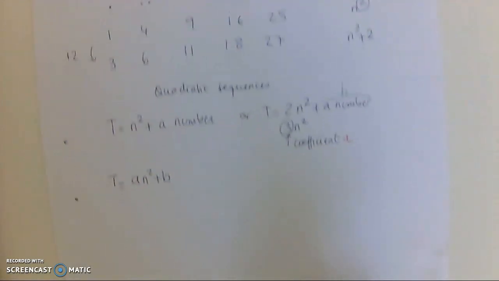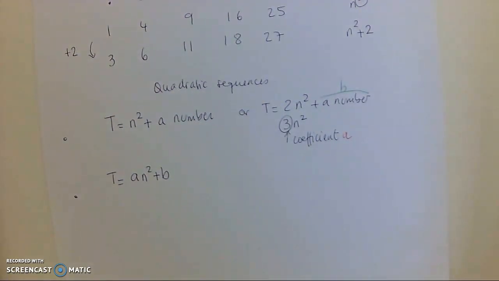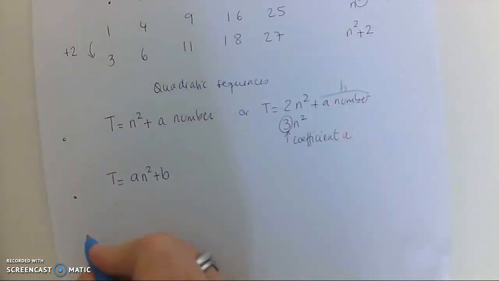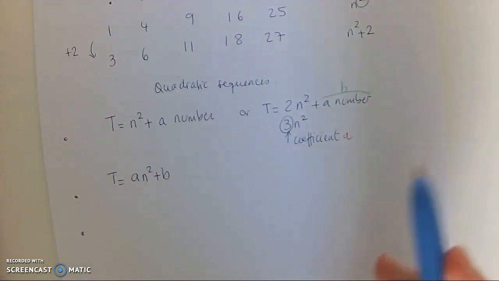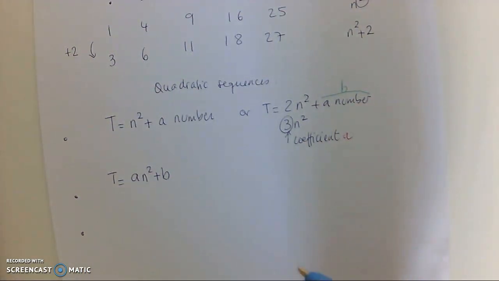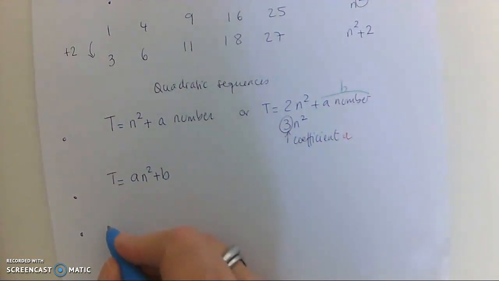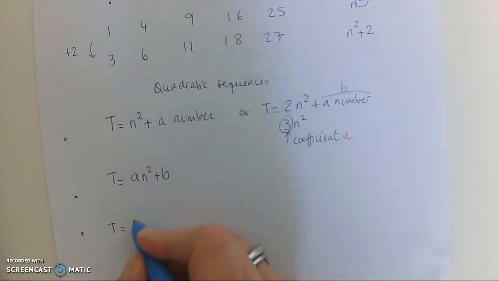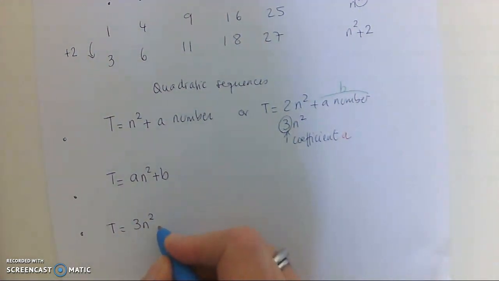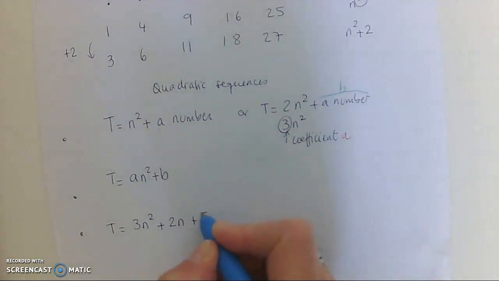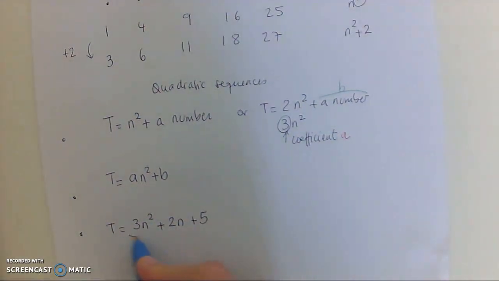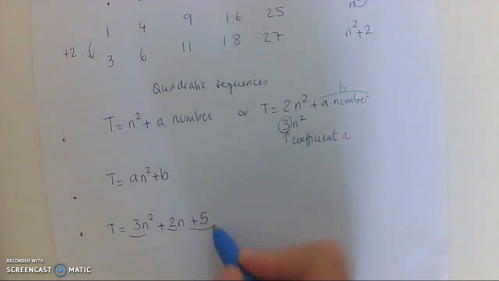Now there's another form which we will look at more next lesson, where we can have something a little bit more complicated, also involving the n squared, but where we also have some sort of n in it as well. So we might have t equals 3n squared plus 2n plus 5, where we have a number in front of n squared, another number in front of n, and then a number.